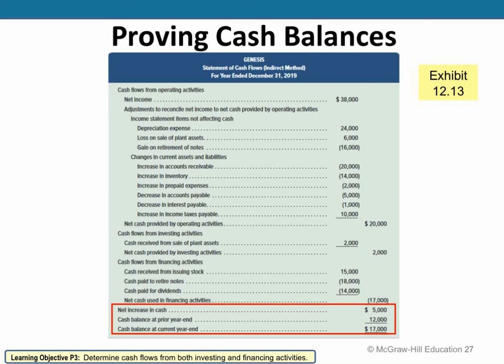Some of that was absorbed from issuing stock, but we had a $17,000 net cash outflow from the financing activities. The net of these three activities, 20,000 plus 2,000 is 22,000, minus 17,000 is going to be 5,000. So that's our net increase in cash.